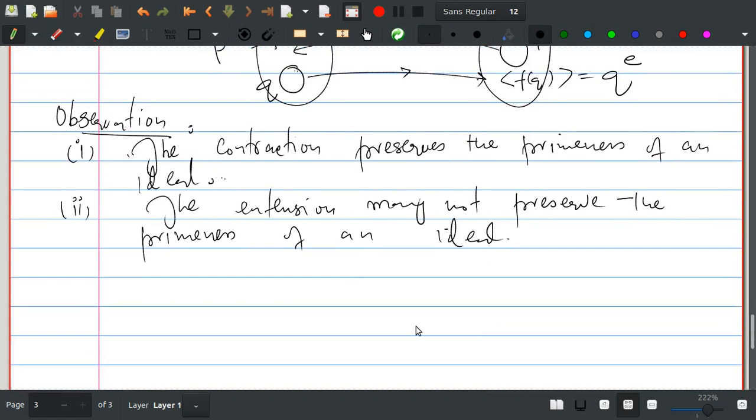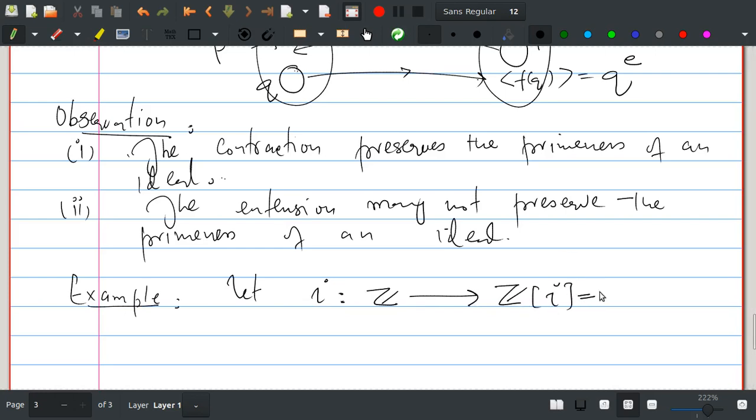So let us look at the ring Z of integers. This is the example. Let i from Z, which is the ring of integers, to Z[i], the ring of Gaussian integers, which contains elements of the form a plus bi, where a and b are integers and i is the square root of -1.